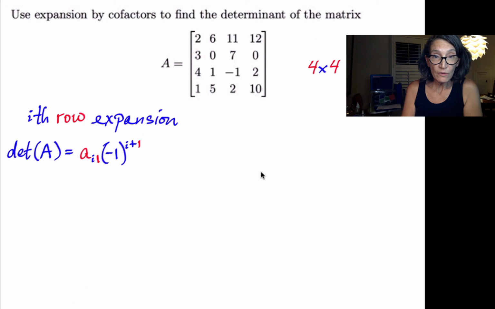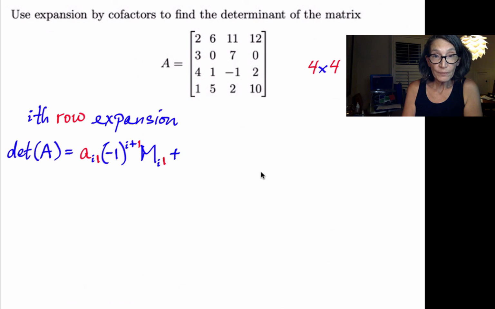It's going to be negative 1 raised to a power, i plus 1, which is either even or odd, right? Times the i1 minor. Remember, the i1 minor is just the determinant of a submatrix, the submatrix you get when you delete the ith row and the first column of the big matrix.